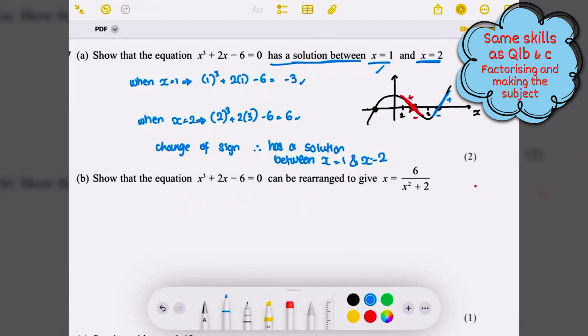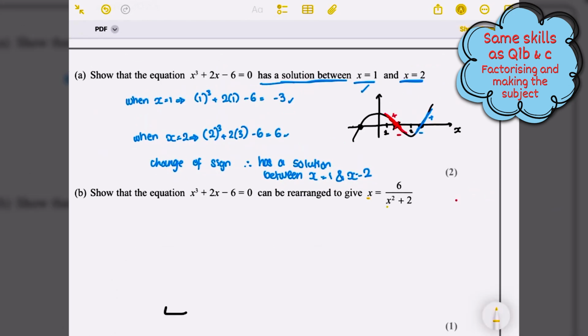Now, show that the equation can be rearranged to give this. Notice that there's an x here and an x here, and the 6 is on the other side. So first of all, let's bring the 6 over. So I have x cubed plus 2x equals, bring the minus 6 over there, it becomes positive, so equals 6. Now, I've got x cubed and 2x, so I can factorize the x out.